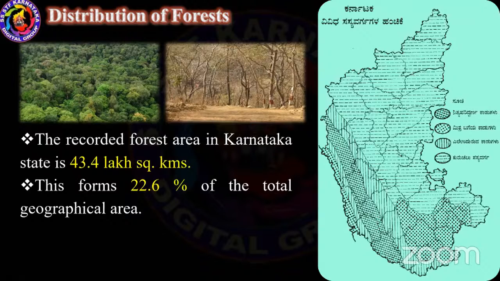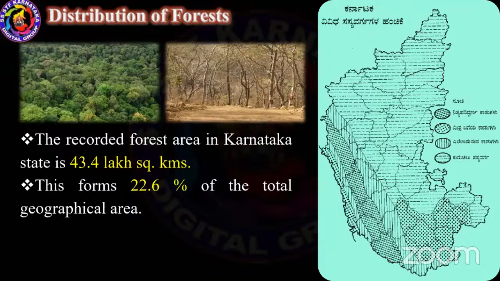Each state and country should have at least 33% of its geographical area covered by forest. But Karnataka, and also India, do not have that 33% forest area. They have less than that.